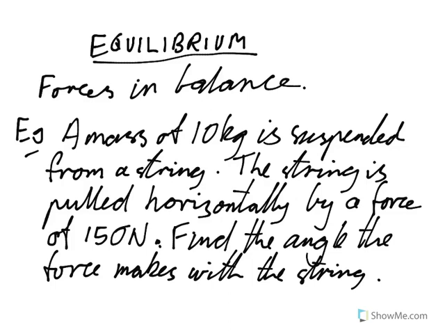So a mass of 10 kilos is suspended from a string. Okay, so it's got to be attached to something. We've got a string here, we've got the mass of 10 kgs. So that's what that would be looking like. We then get a force and we pull it that way.